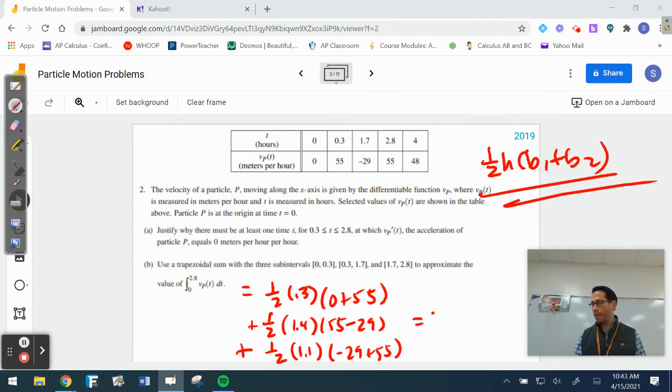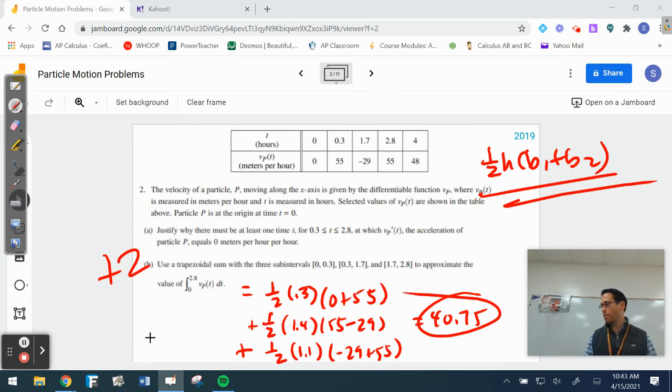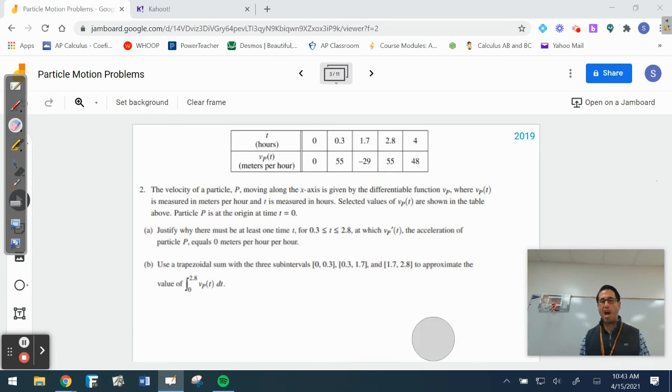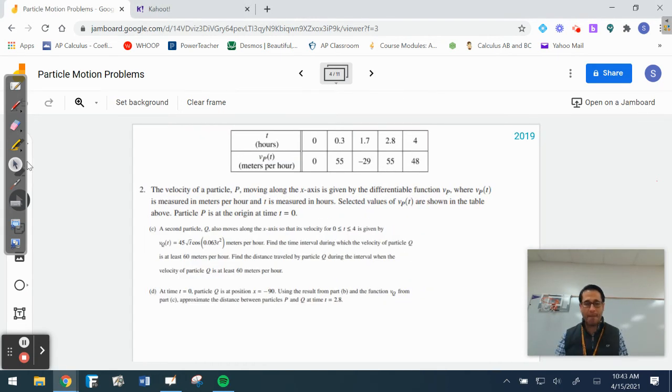If I do all of that correctly, you get 40.75, and that'd be 2 points. Oh, snap! Class, that was just worth 1 point. So right now you would be 3 out of 3, ready to get that 5 on the AP exam. That means C and D are worth a lot of points. They're worth 3 points apiece.